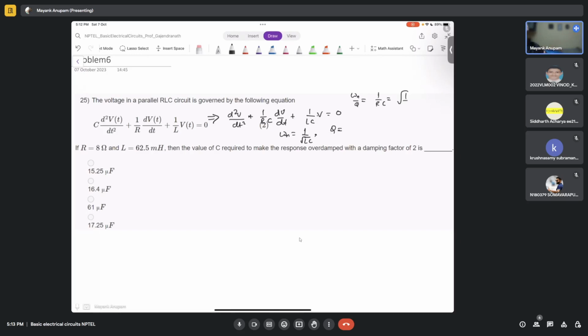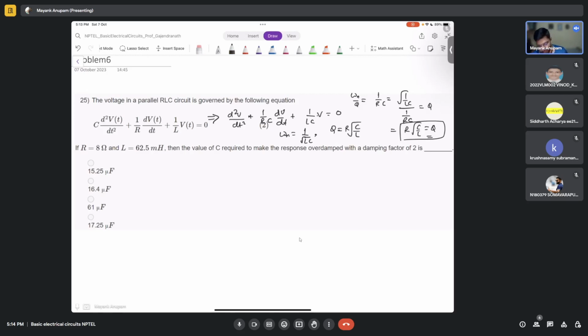So 1 over root LC divided by Q is 1 over RC, or rather RC is equal to Q. So R goes on top, and then this becomes root of C by L, right? That's correct. I simply verified the earlier formulas, the one that was causing confusion for me. So it is root over C by L.